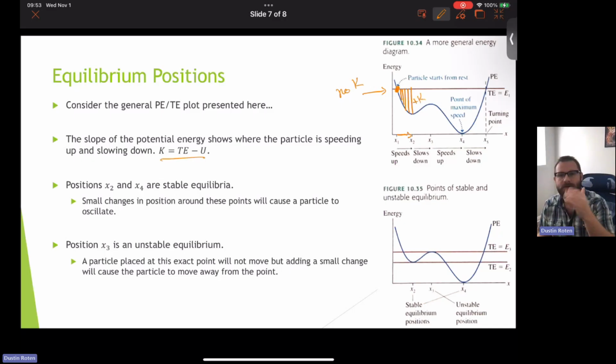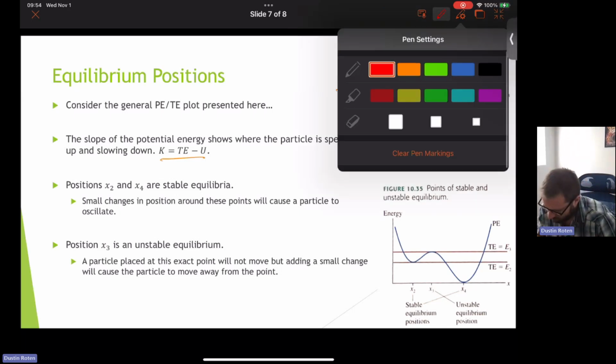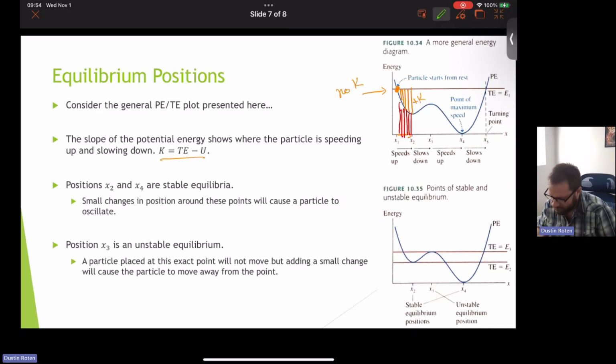You can see as we're moving, the distance between the total energy and the potential energy is getting bigger, which means we're gaining kinetic energy, but it also means we're losing potential energy. But now what happens over here?